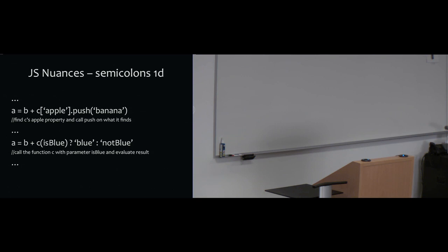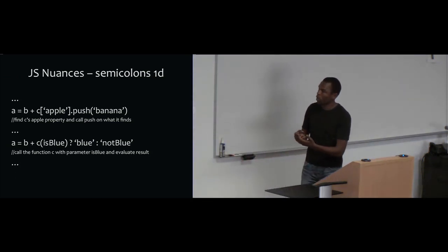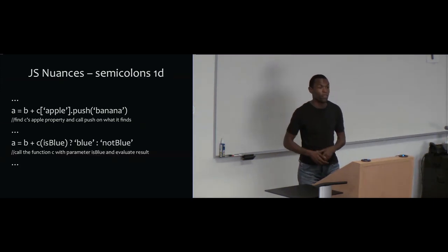Well, this one actually executes in a really weird way. If C happens to be a function, it'll pass this, and whatever comes out of it will get you either blue or not blue. But that's not what you wanted to begin with.